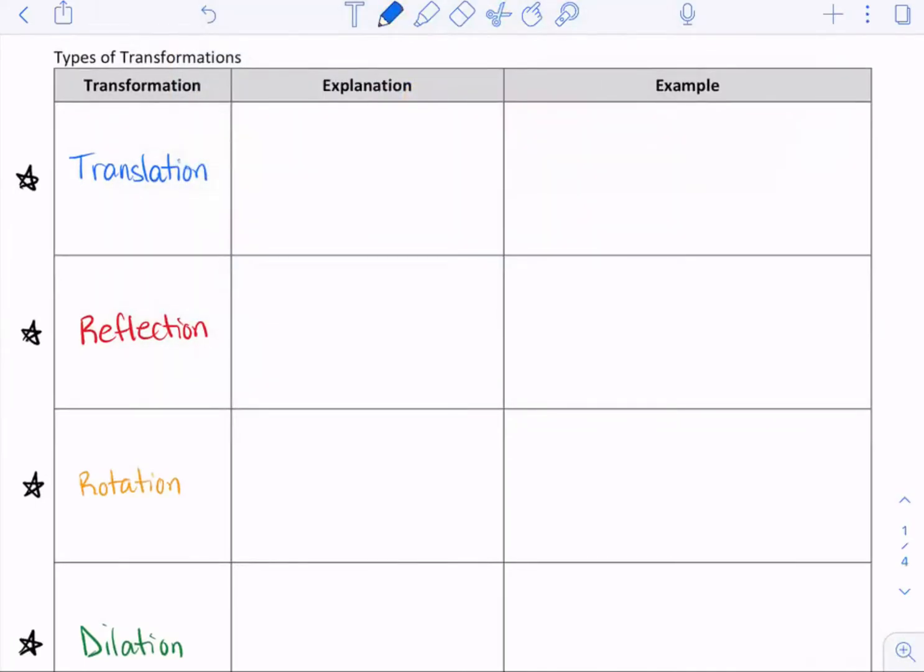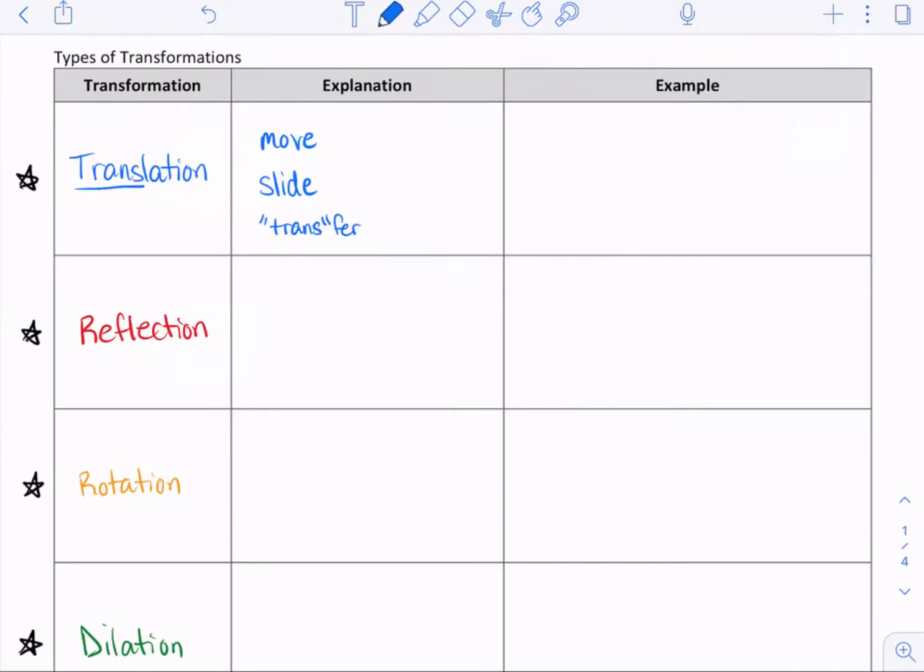A translation is when you move an image. I call it move or slide. It's just changing its location. And the way that I remember that is a translation, it's a transfer. Like a transfer.